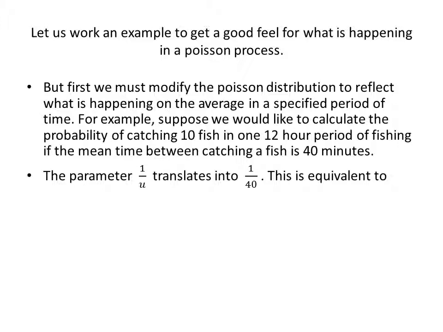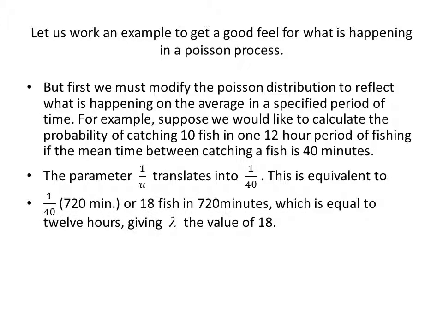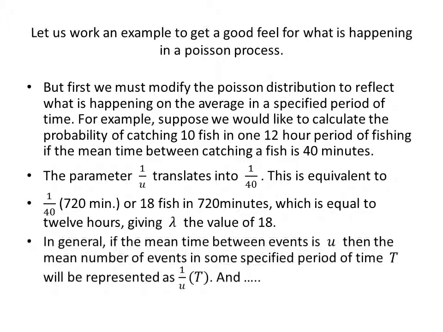Of course, the parameter 1 over u translates into 1/40th. This is equivalent to 1/40th times 720 minutes, since our units are going to be in minutes, and 720 minutes is in a 12-hour day. This translates into an average of 18 fish per 12-hour period. That gives us our lambda to be 18 fish.